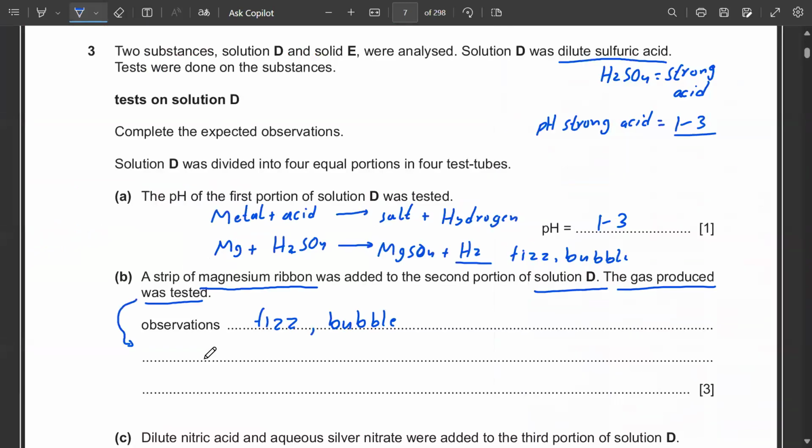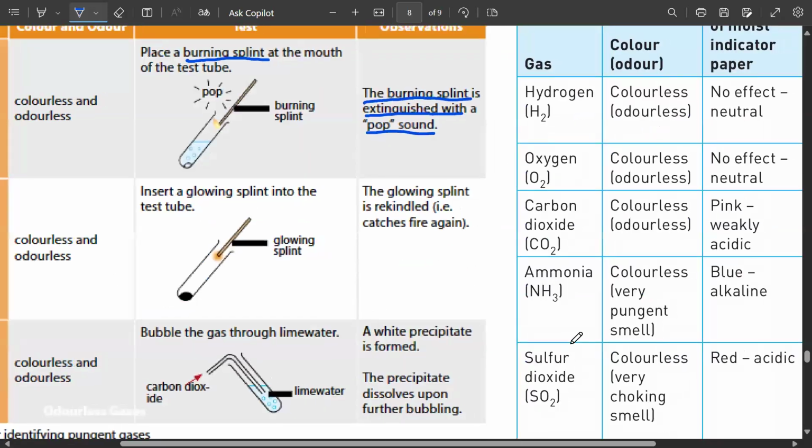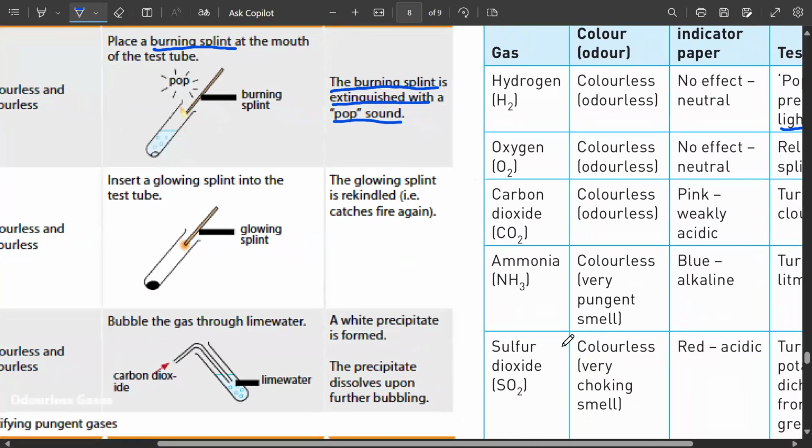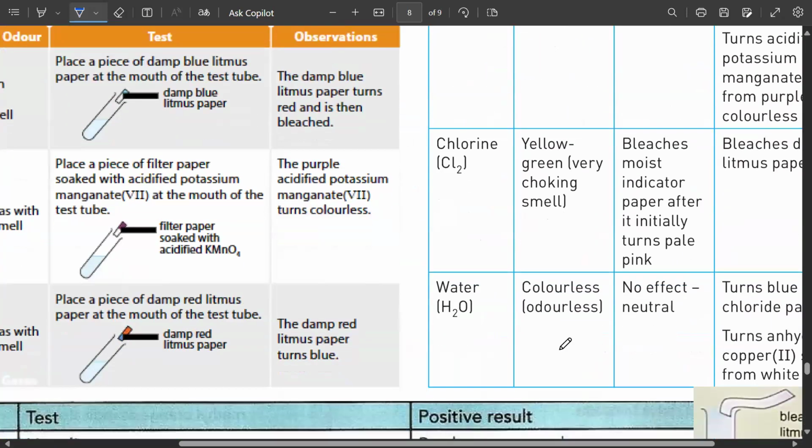So we will write here that lighted splint or flame produces pop sound or squeaky pop. You can also say the full word. It is a squeaky pop.